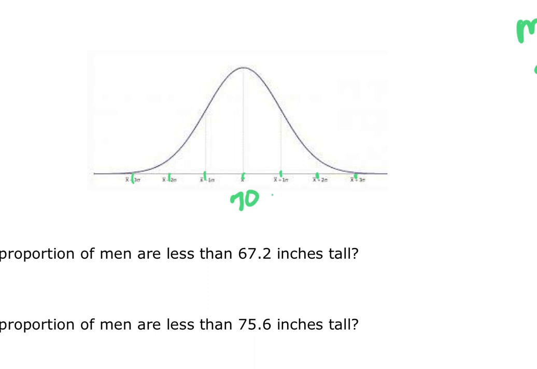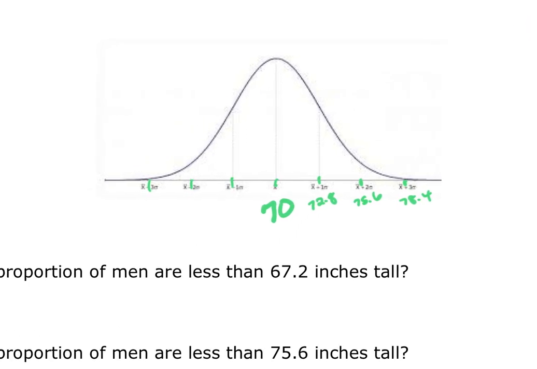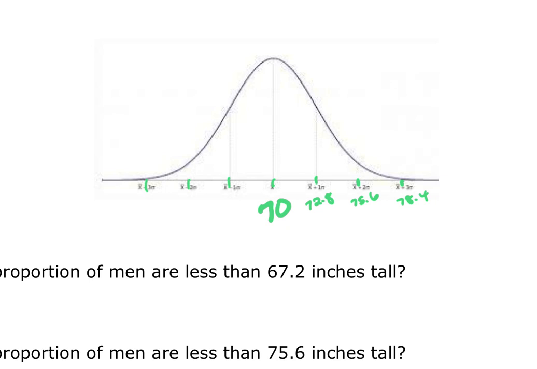So we get that this would be at 72.8, this would be at 75.6, this would be at 78.4. And then similarly, we do 70 minus 2.8, and then minus 2.8 again, and then minus 2.8 again. Okay?